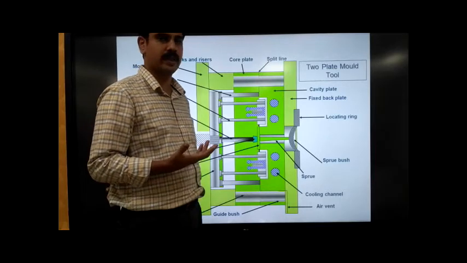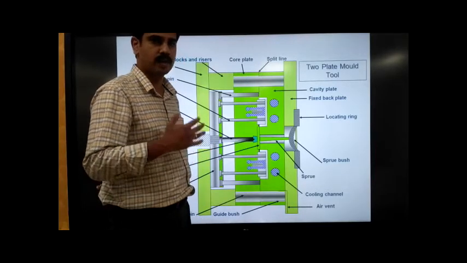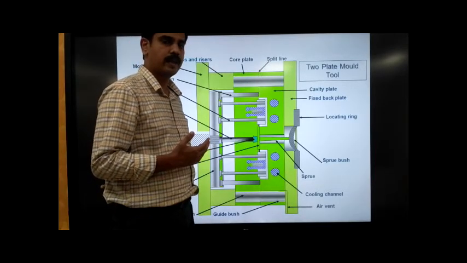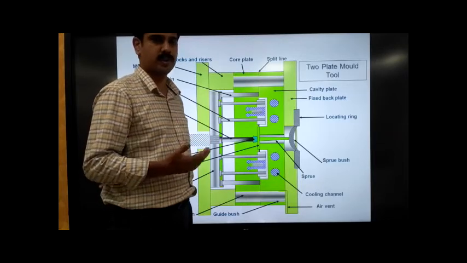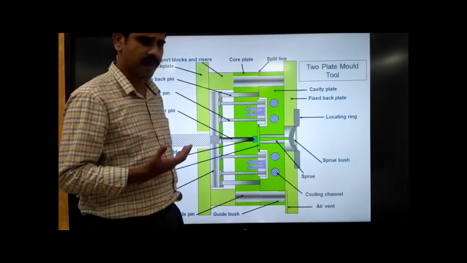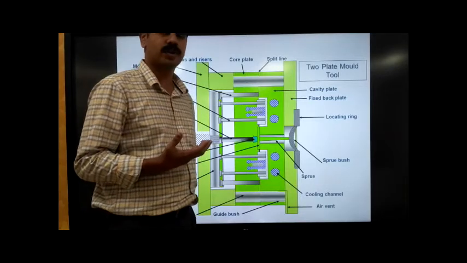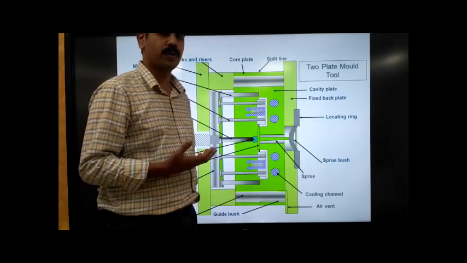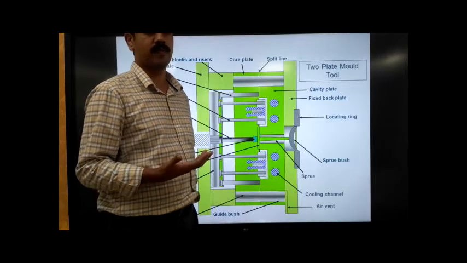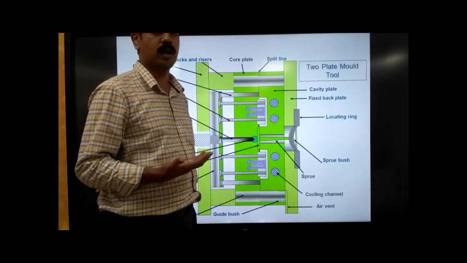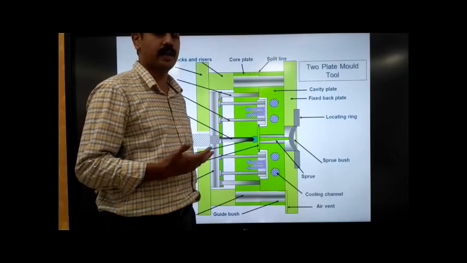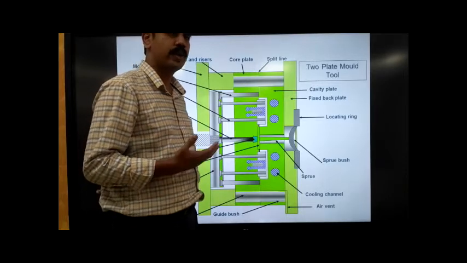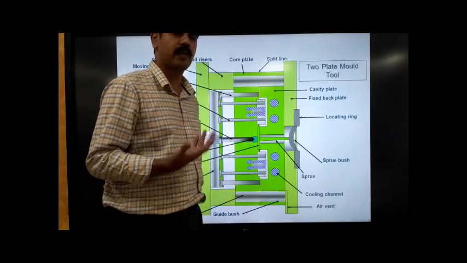Room temperature means 30 degrees, which is a very low temperature. So in the whole injection molding cycle, we are more focused on how to reduce the cycle time, because nowadays the process needs to be faster, in the sense that we need to manufacture the maximum number of products.